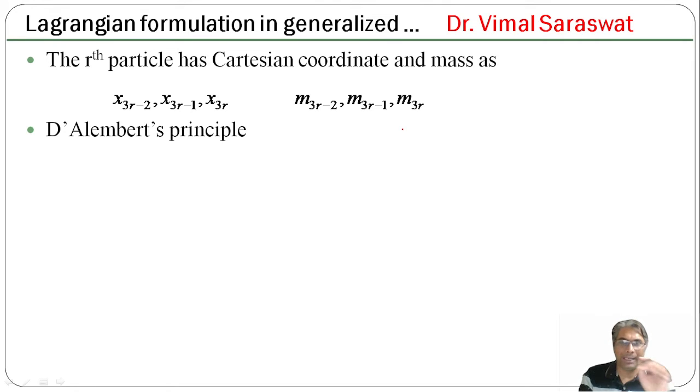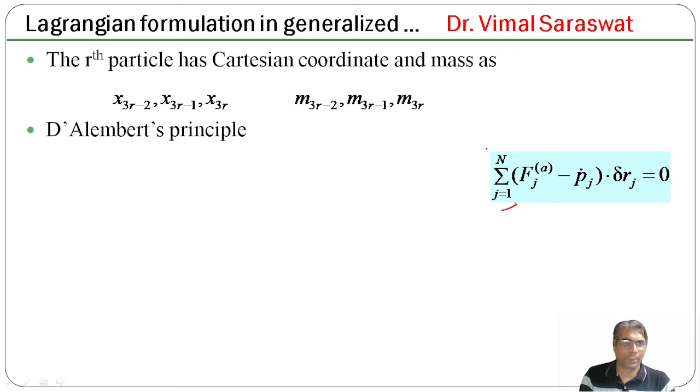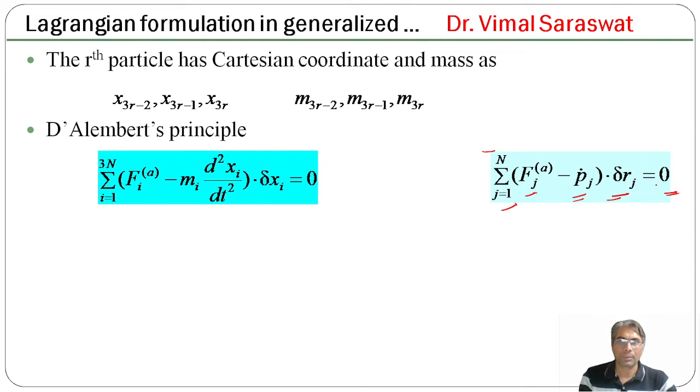Now, D'Alembert's principle was sigma j equals 1 to n, (Fj applied minus pj dot) dot delta rj equals 0 for an n particle system.